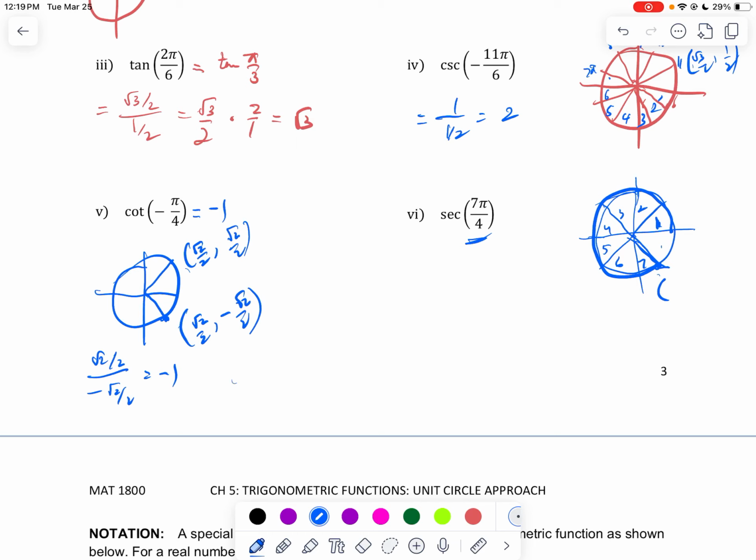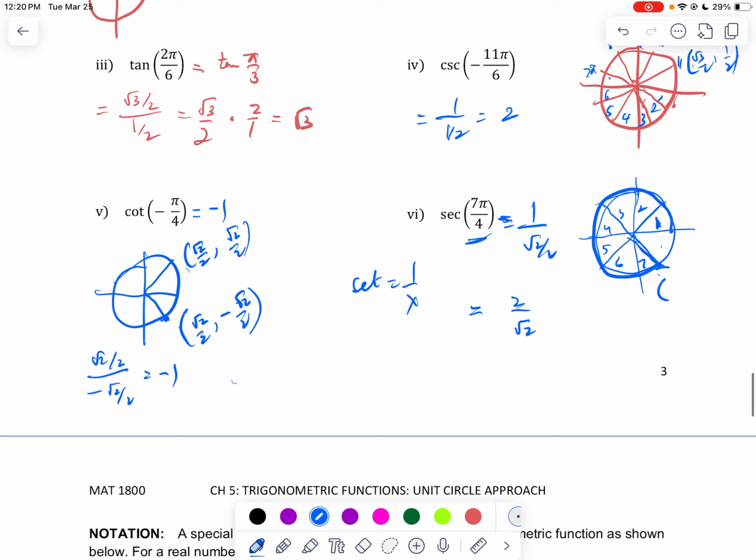So secant of t is 1 over x. The x coordinate is positive. So this will be 1 over square root of 2 over 2, which is the same thing as 2 over square root of 2. Now usually we don't leave the denominator with the square root sign.